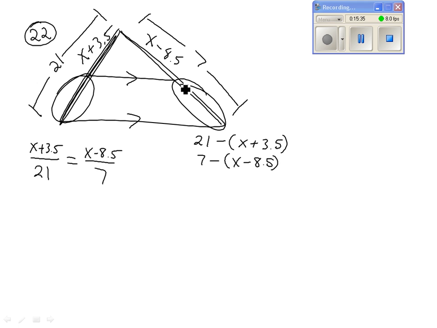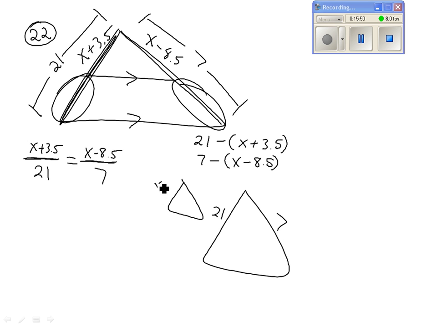So sometimes it's easier one way, depending on the information you're given, sometimes it's easier the other way. This time it's easier to compare the small triangle to the big triangle, and know that this side's 21, this side's 7, this side is x plus 3.5, and this side is x minus 8.5.